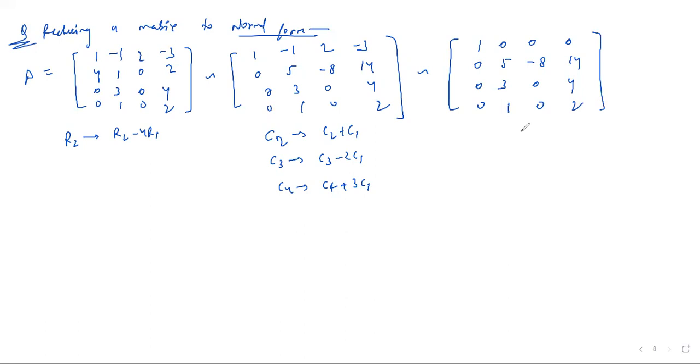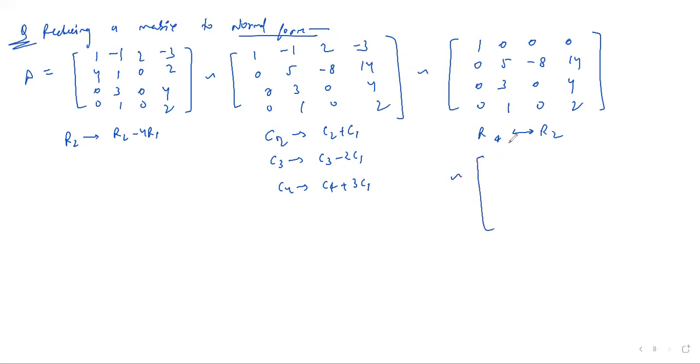Now what will we do? We have this element 1 here, and this is 5, so we'll just interchange these rows, that is R4 to R2.